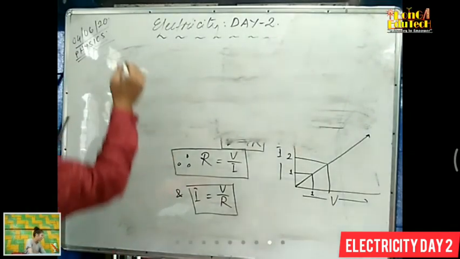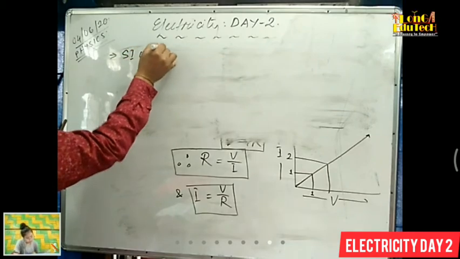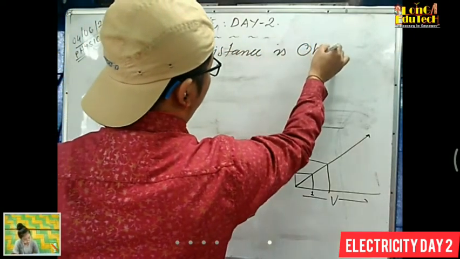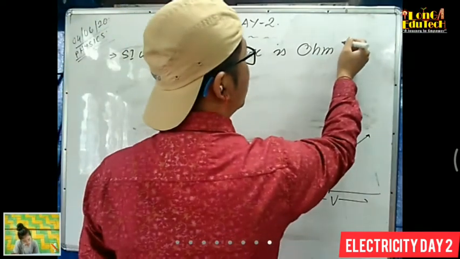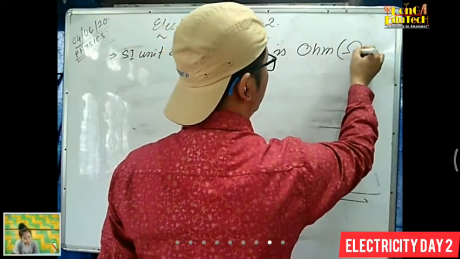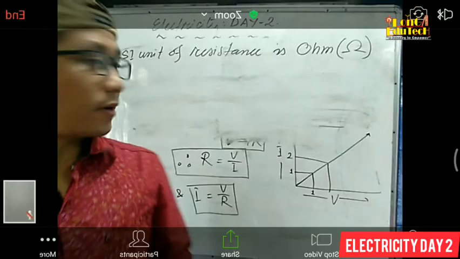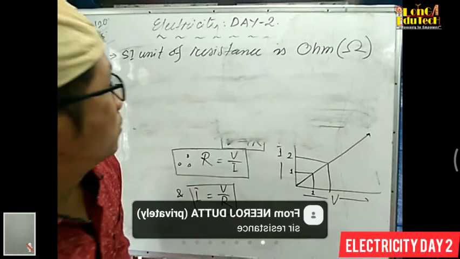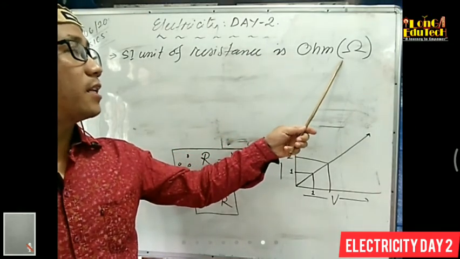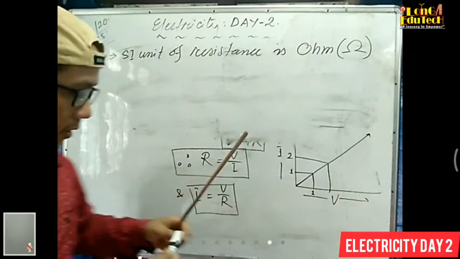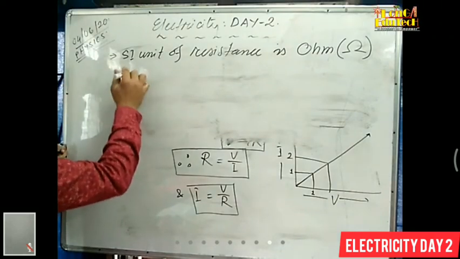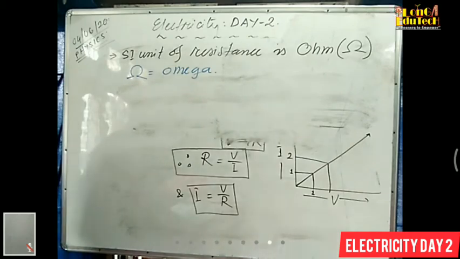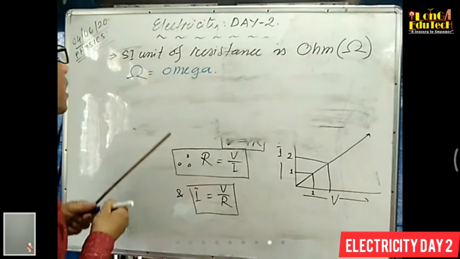The SI unit of resistance is ohm, and it is denoted by the Greek letter omega. You have to know the symbol is called omega. So this is a Greek letter, called omega. Then here the SI unit of the resistance is ohm.